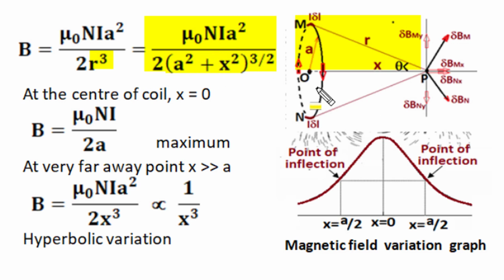The only variable is the distance from the center on the axis of the observation position P, and for the minimum value of x, that is, at the center position of this circular coil on its own plane, x is 0, and when we place x equal to 0, we get the magnetic field the same as we obtained earlier, mu 0 n I upon 2 a Tesla, and this is the maximum value of magnetic field produced by the coil anywhere in its vicinity.